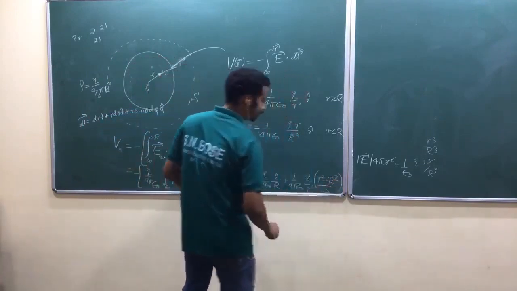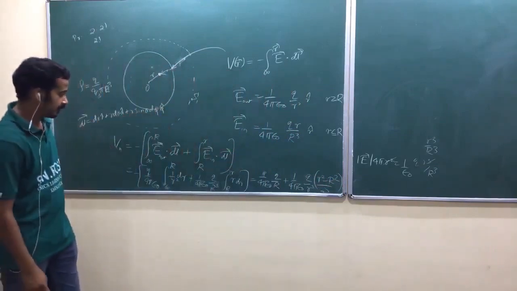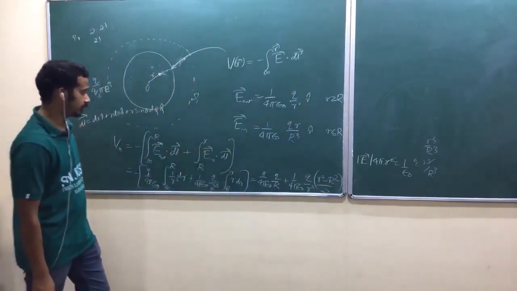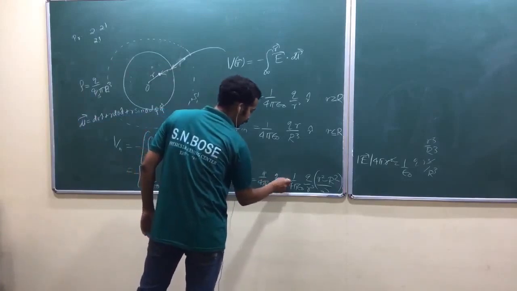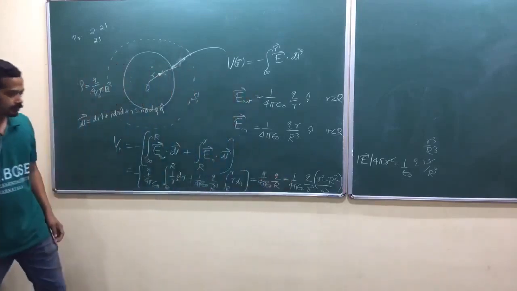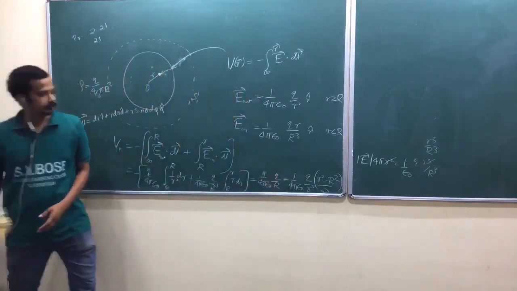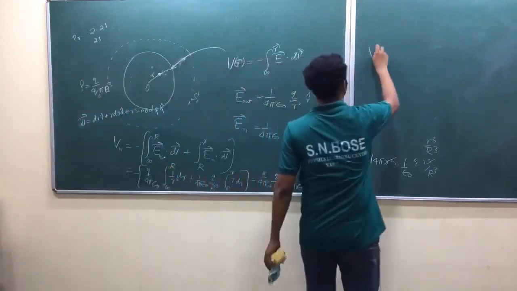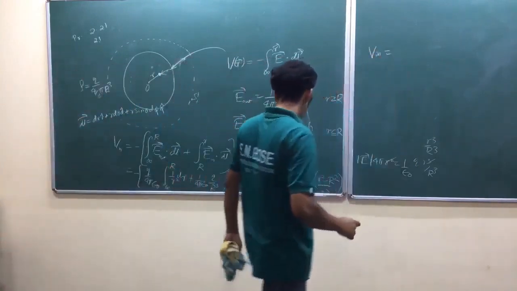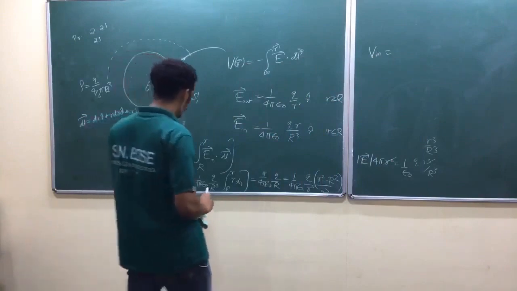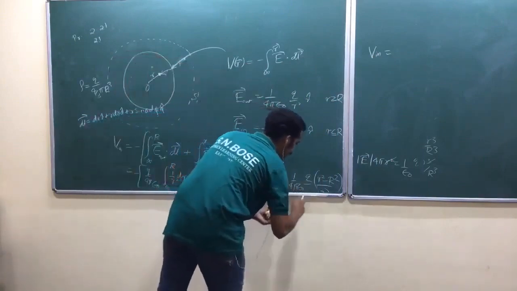Check it out. One more minus sign outside. Yeah. One more minus sign outside. Okay. So potential inside. Can you simplify? Wait a second. Somewhere I did one more mistake. Capital R cube, not small r.